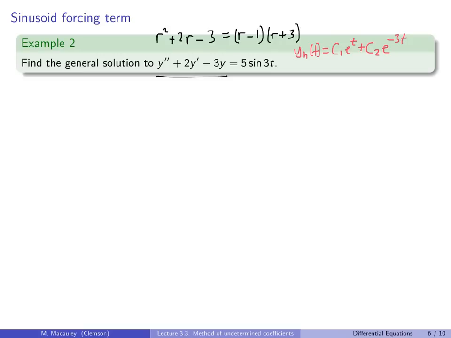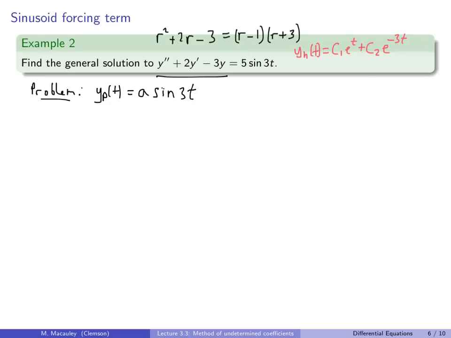Okay, so moving on. There's a problem. What I said before is you should always guess a solution that has the same form as the forcing term. So you might want to try something like this. You can say, well, what about finding a particular solution which is a sine of 3t.